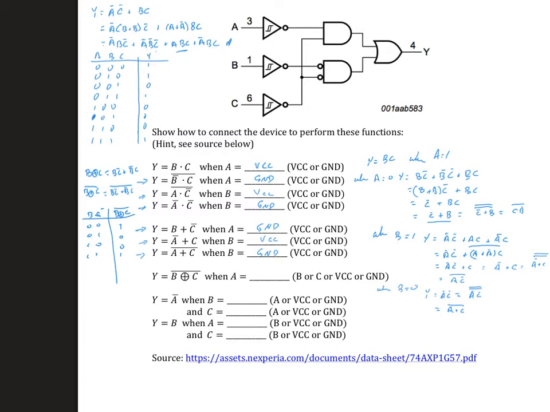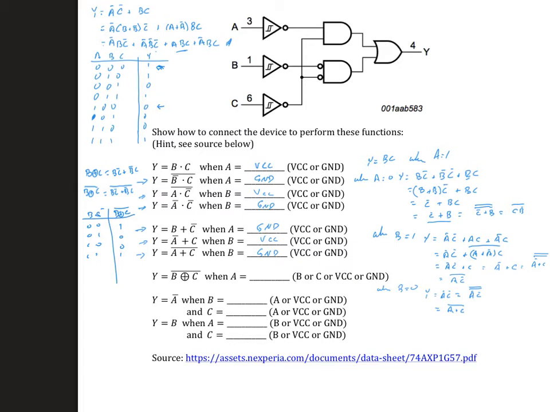Now if we look up here at just B and C, when these rules hold: when B and C is 0,0, it's 1. So we want this one and not the other one.